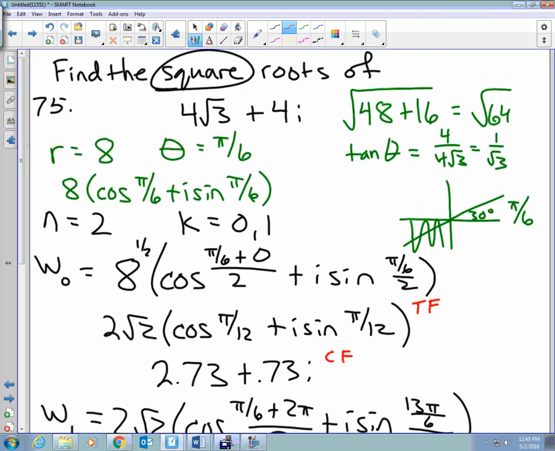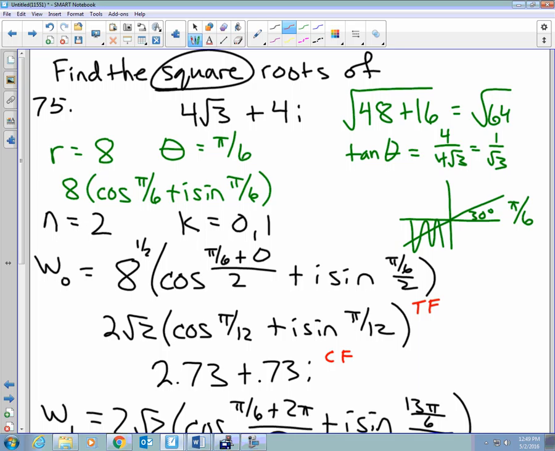Boys and girls, I've saved you a little bit of time on your assignment. Your assignment starts with problem 76. And for 76, it's not find the square roots of this, it's find the third roots of this. So can you use this trigonometric form right here? Yes. What changes here?